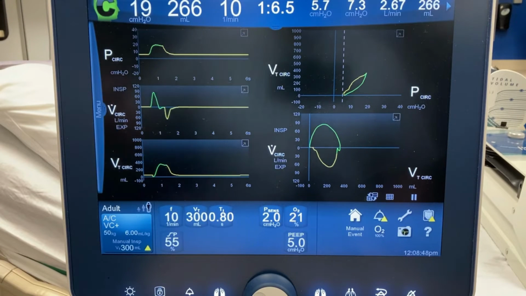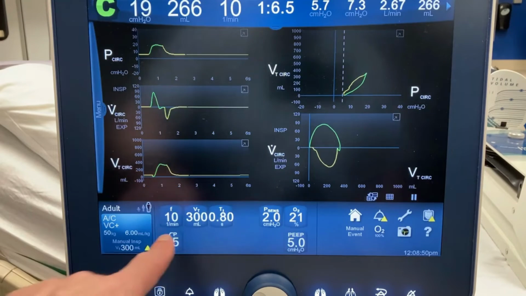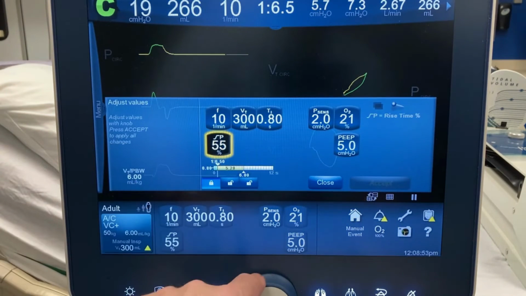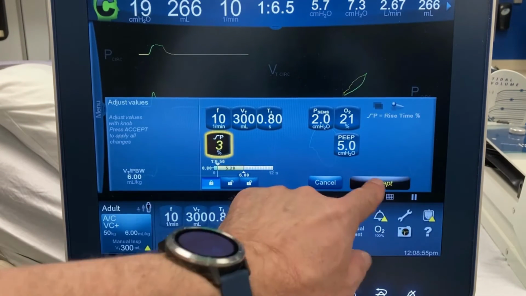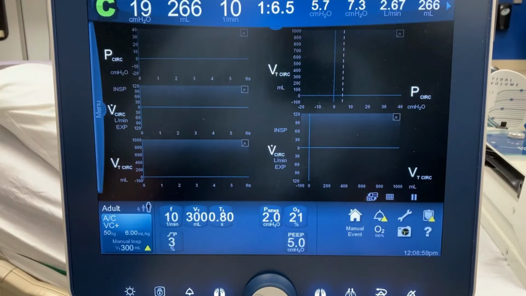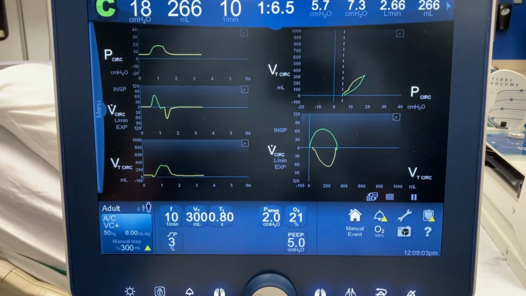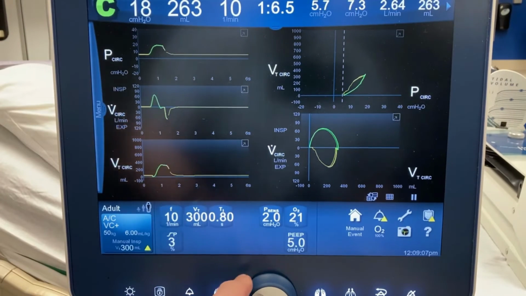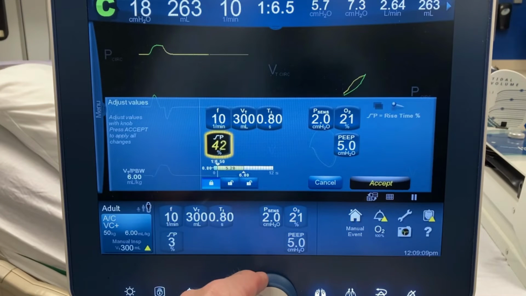So you've got to find a happy medium there. If I slow this back down, you'll be able to see the inspiratory limb will be more on a slant. You can see it lays over a little bit, but there's no pressure overshoot. So I'm just going to put this back at something reasonable. Let's just put it at 50.